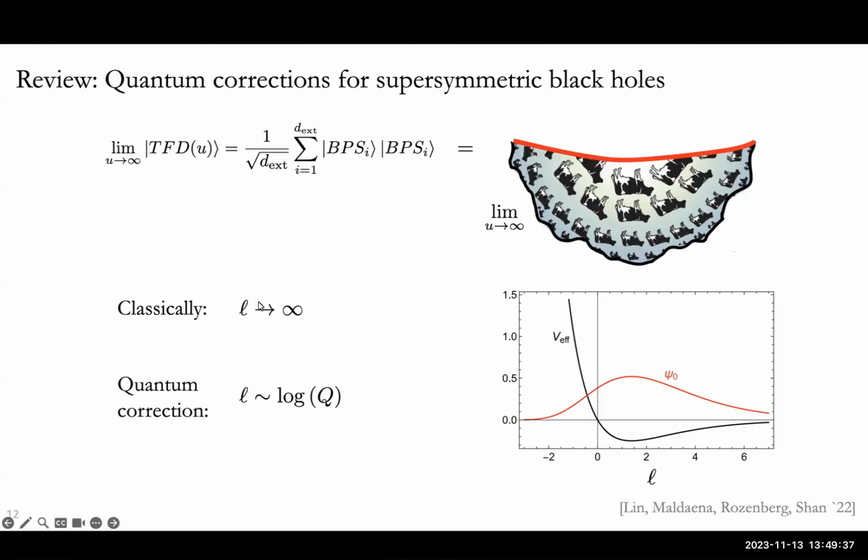So for instance, in this recent paper by Maldacena and collaborators, they computed the length of the throat for a two-sided extremal supersymmetric black hole. Classically, because extremal black holes have this AdS2 times S2 geometry, they have an infinitely long throat.